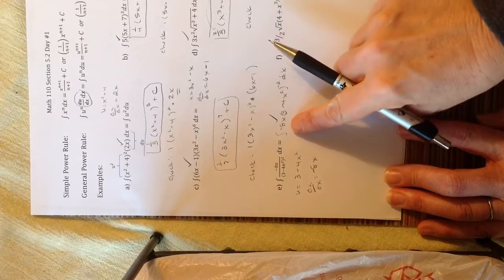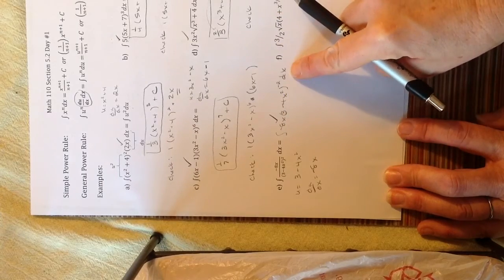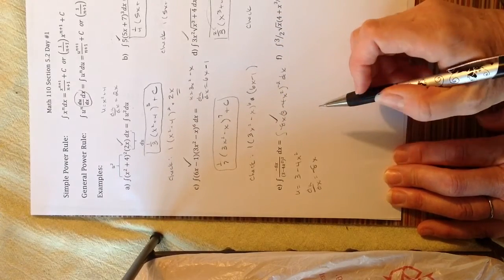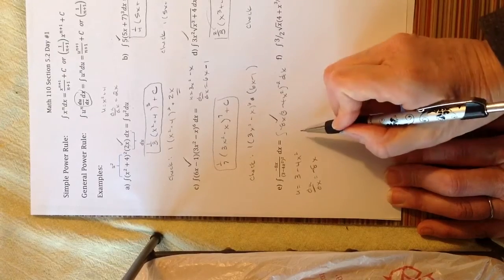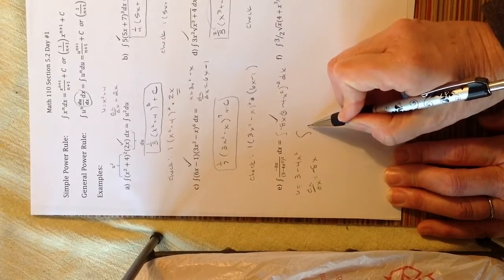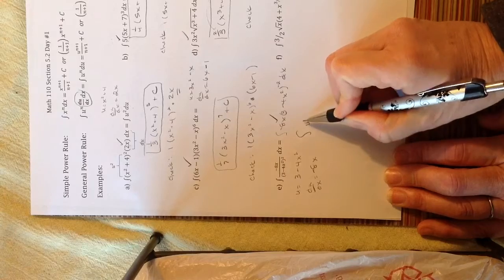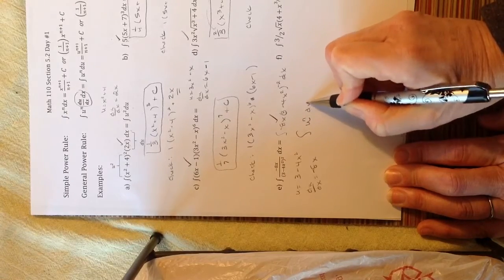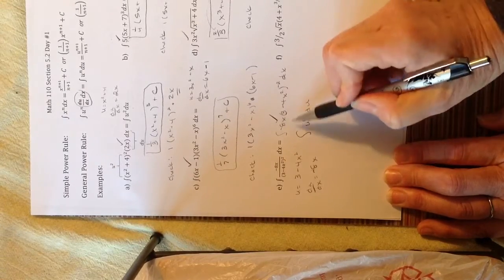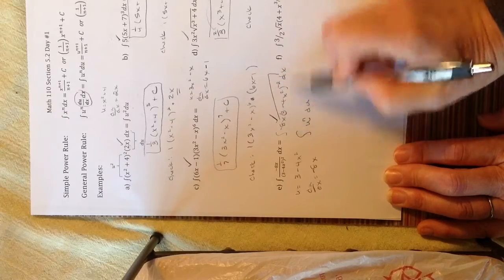So I have my du/dx, I have my u to my power, I have my dx. I can integrate. And remember, what I'm integrating is a quantity called u to a power with its own differential, because the negative 8x and the dx become du.